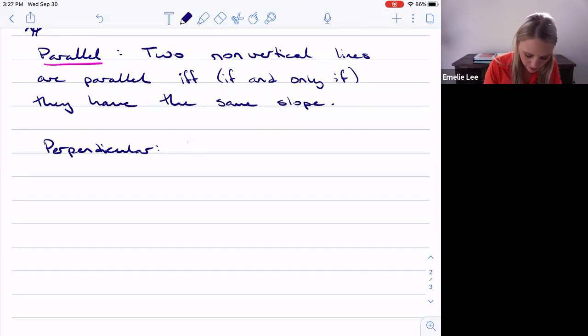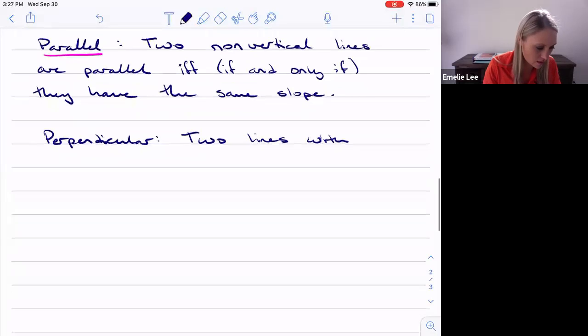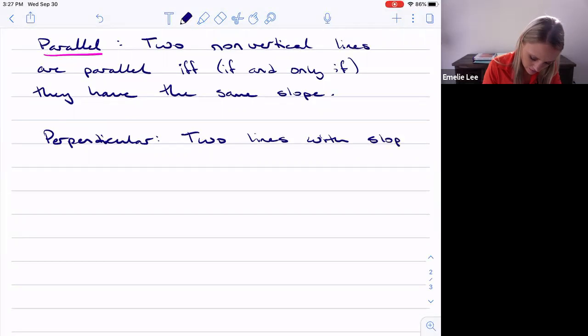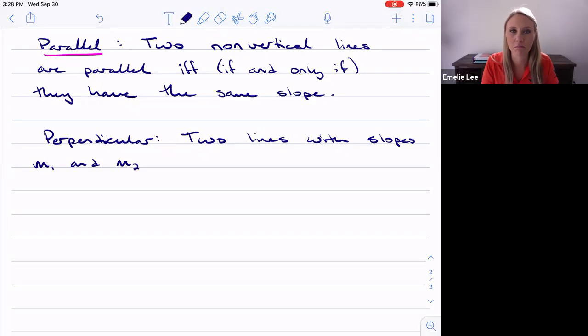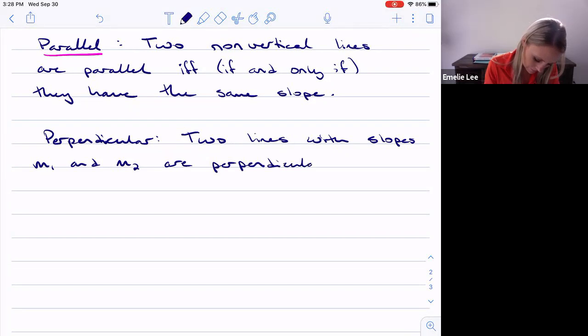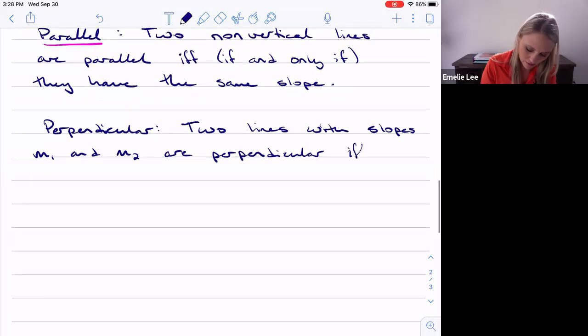Okay. So two lines with slopes m1 and m2 are perpendicular if and only if m1 times m2 equals -1.